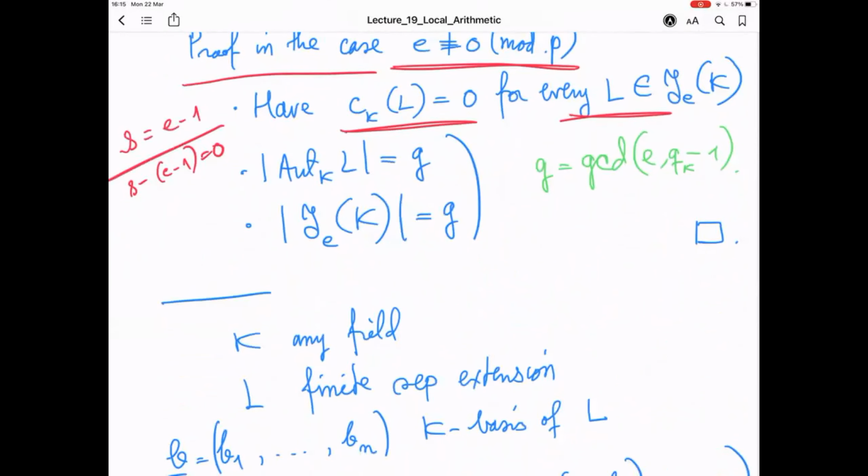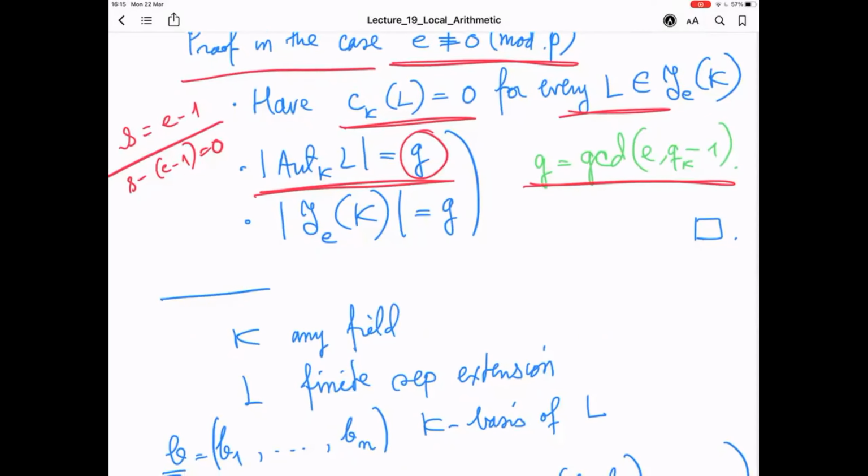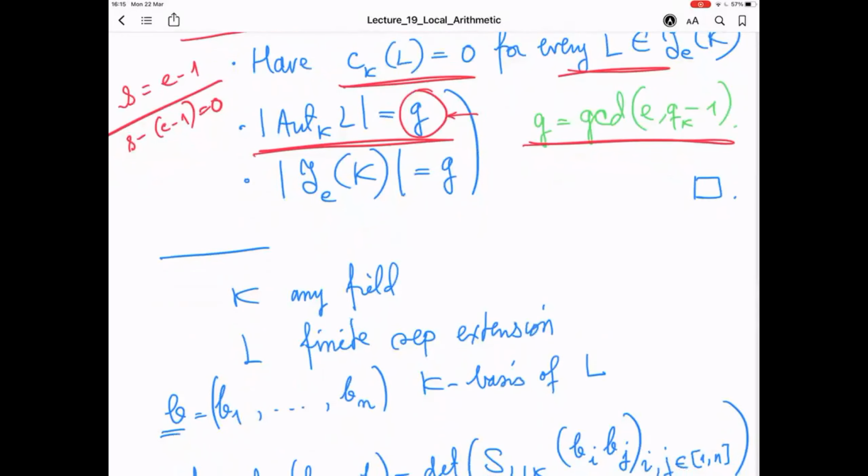We have computed the group of automorphisms, and it is cyclic of order G, where G is the GCD of E and QK minus 1. That it's cyclic we are not going to use. We just need to know that it's of order G. And we have also parameterized this set, and we had seen that there are exactly G elements in this set.